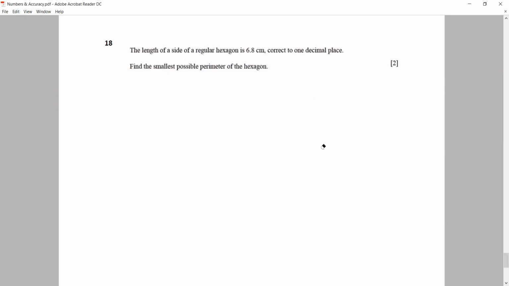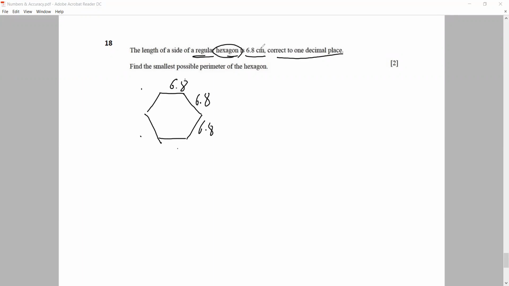The length of a side of a regular hexagon is 6.8 cm. A hexagon means it's a polygon with 6 sides, right? A 6-sided polygon, and it's regular, so all the sides have the value 6.8, correct to 1 decimal place.